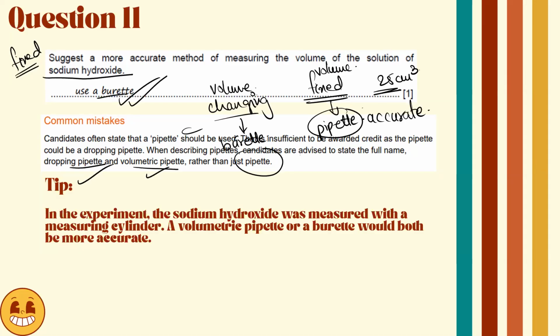We can use a burette also, but we cannot use a burette if the volume is above 25 centimeter cube. If the fixed volume is above 25 centimeter cube, we always use a measuring cylinder. So for sodium hydroxide, we'll use a measuring cylinder. So you have to think and decide which apparatus will be used to measure the volume according to the question.